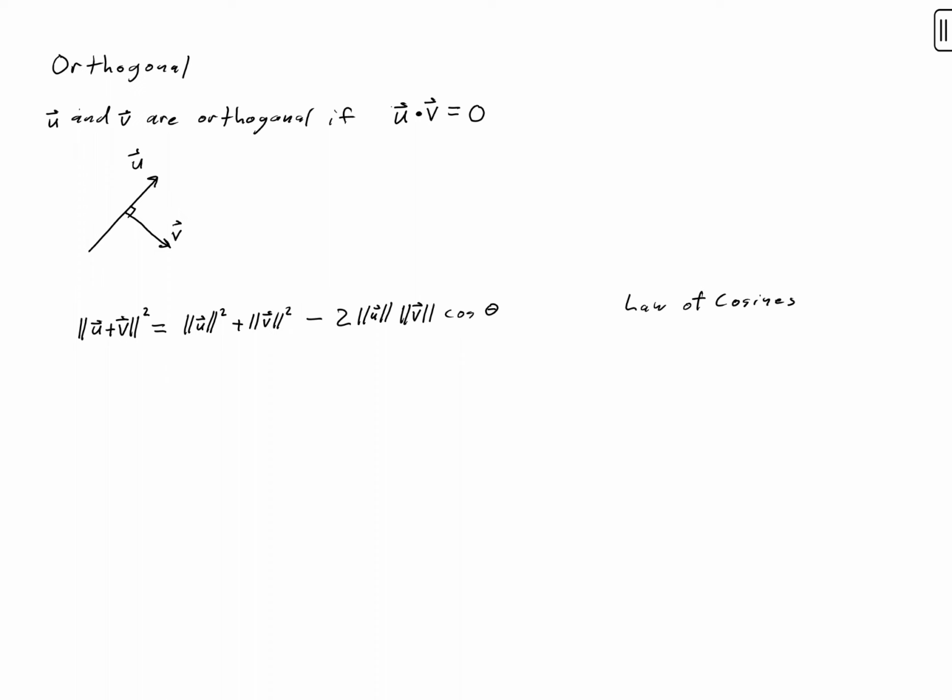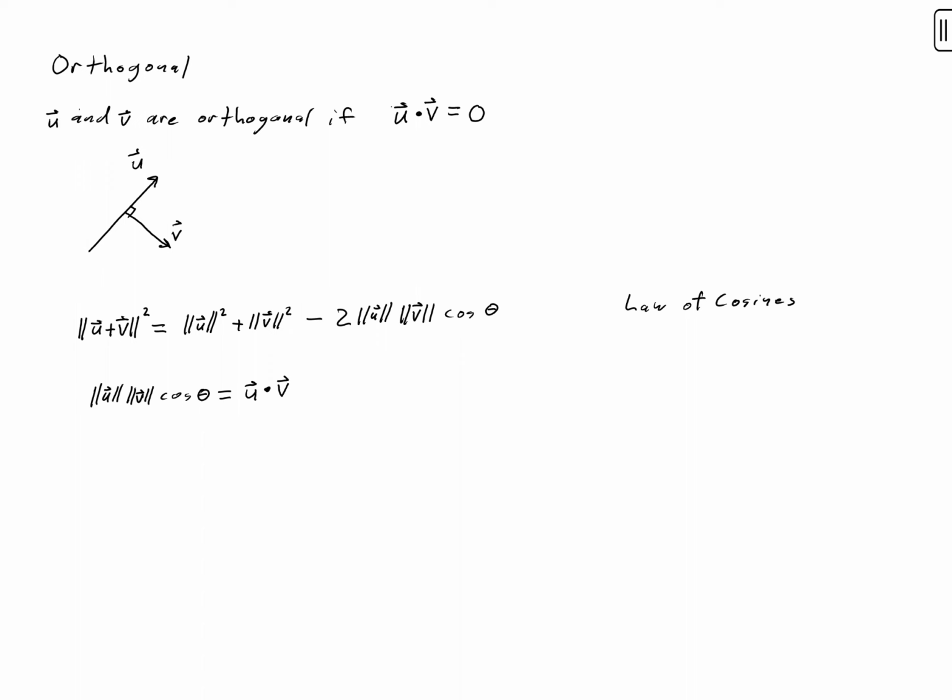What is significant about this is it allows us to define an angle, and if we do some algebra with that, we end up getting that the length of u times the length of v times the cosine of theta is equal to u dot v.